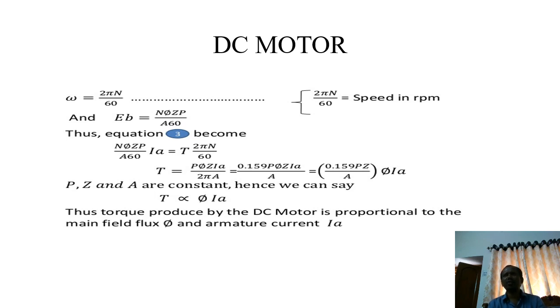These questions can be asked in the examination: define pole shoes, define commutator brushes, define yoke. This type of short answer question will be asked in the examination.